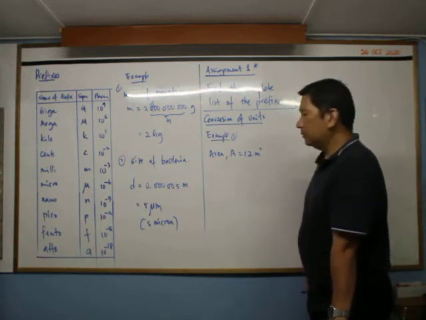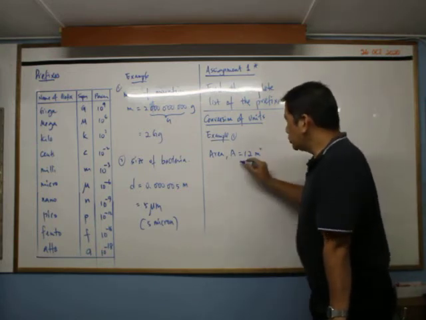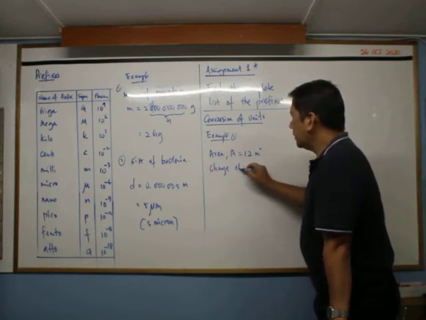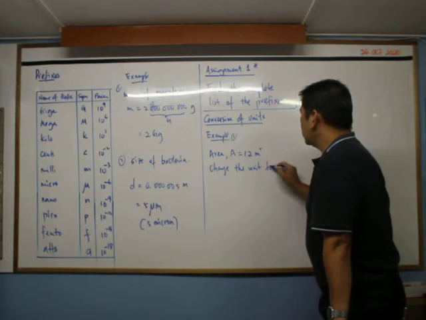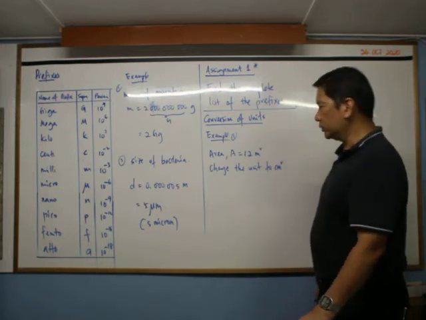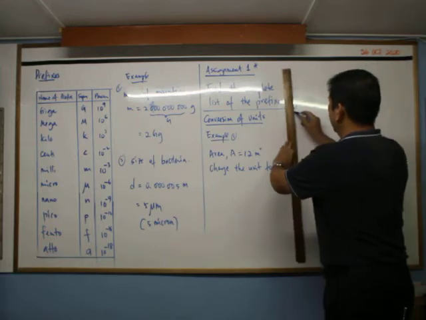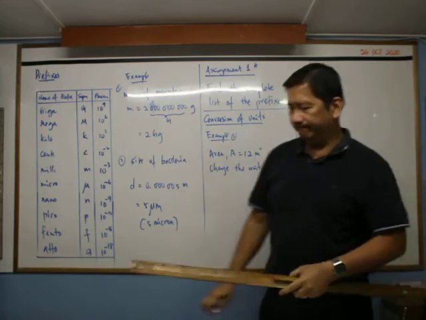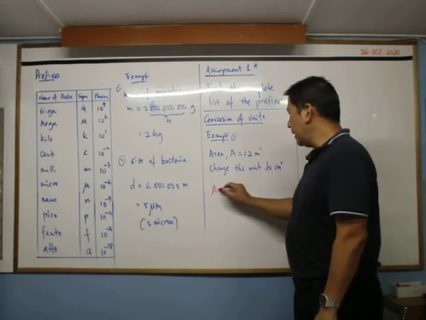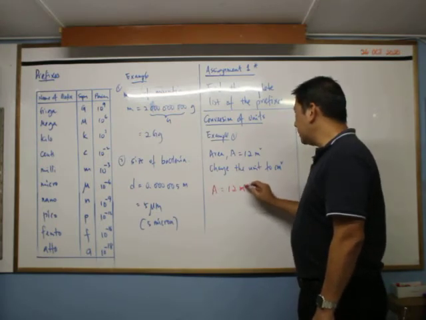Now I want you to change the unit to centimeter square. Alright, so that is how we do it. First, we write down the whole thing: A is equal to 12 meter square.